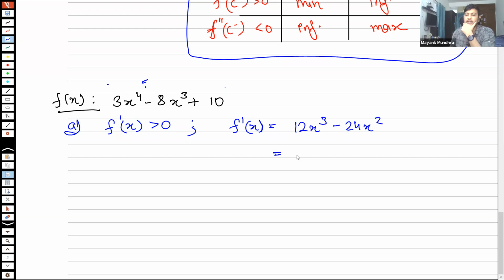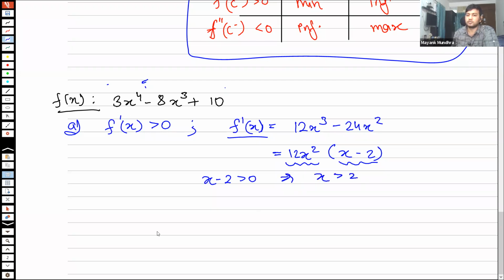I can actually take 12x square common here and this becomes x minus 2, right? This part is always positive, so the entire f prime is positive if x minus 2 is positive, which is basically x is greater than 2.